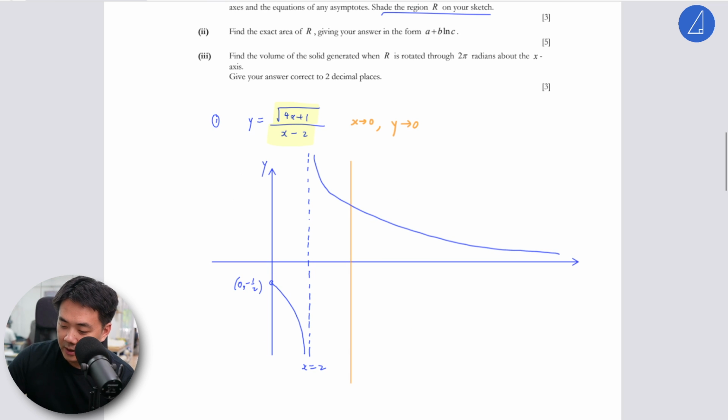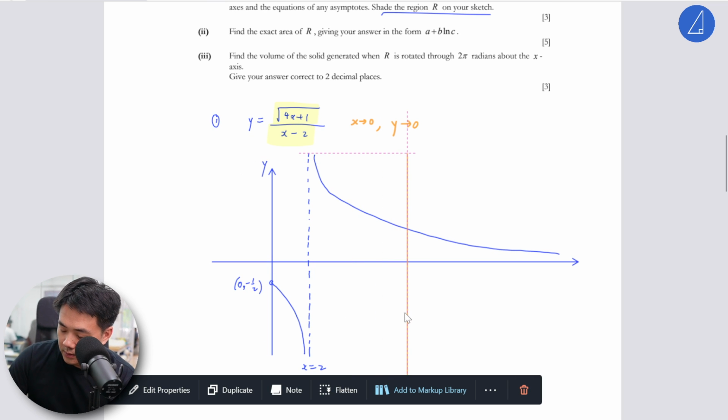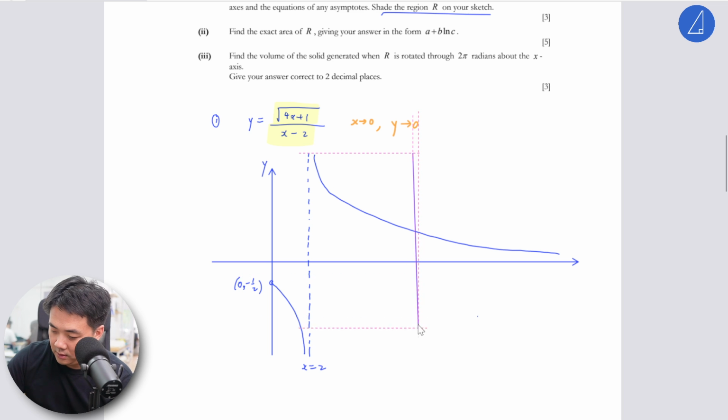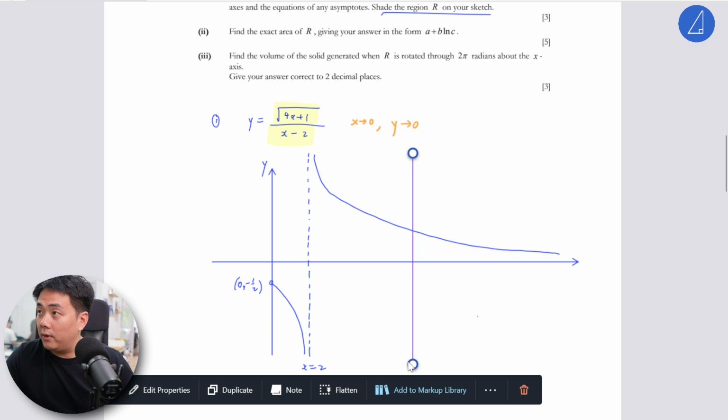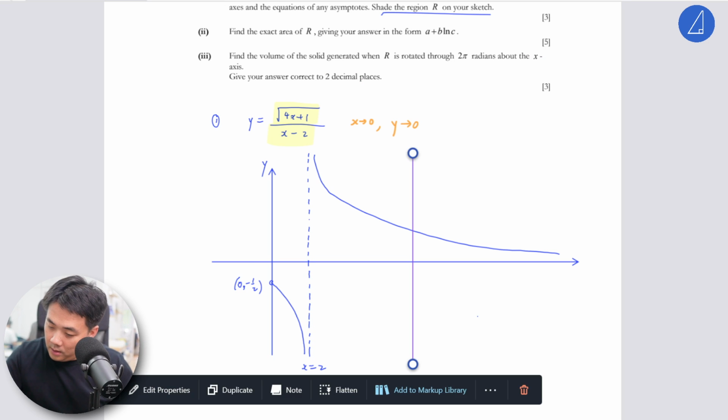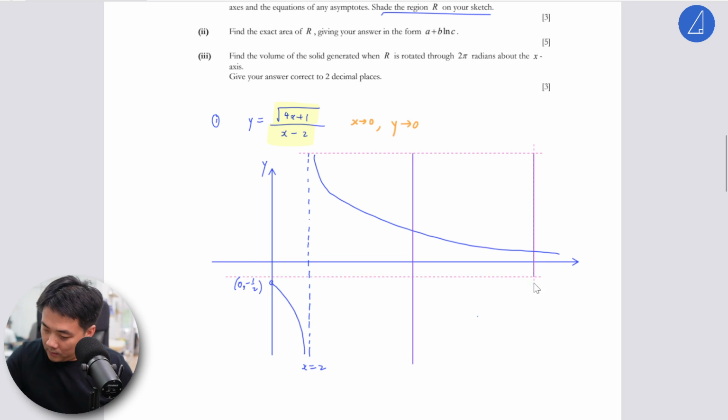Maybe I take my word back. We just draw. So 6 is roughly here. This is x equals to 6. Then we have got x equals to 12, which is double of it. So this is 2, 4, 6 roughly here. Because I think in the GC, if I put trace 6, we roughly here. Then, yeah, x equals to 12.